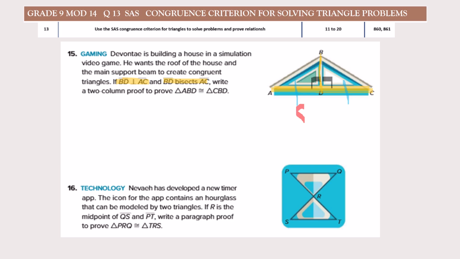This is our side, this is your angle, and this side is the same in both, so we call it the reflexive, so it will be side, angle, side as well. Similarly, always go and pay careful attention to what information is given. Remember, here you've got midpoint, and we know that midpoint means it will be the same on both sides.